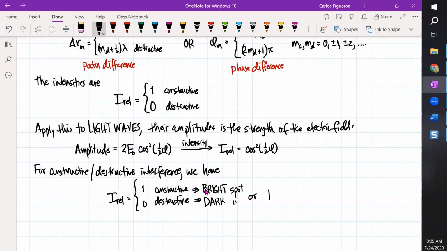Or I could have I relative equal to cosine squared of 1/2 phi, which implies that I have limits to the range of I relative. That is between 0, the minimal, and 1, its maximal.